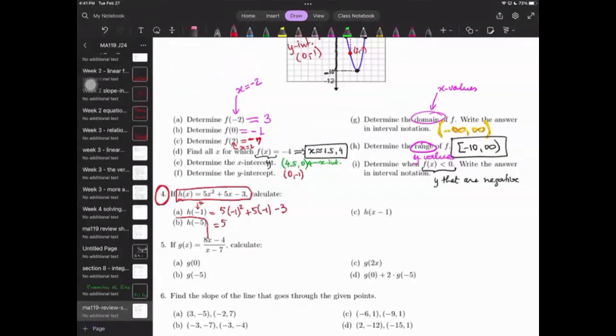So this is 5 times, now (-1) squared is just +1. So if the square is +1, and now I'm doing multiplications, I have 5 for the first multiplication, -5 for the second multiplication, then -3. Now 5 minus 5 is 0, so the result is -3.